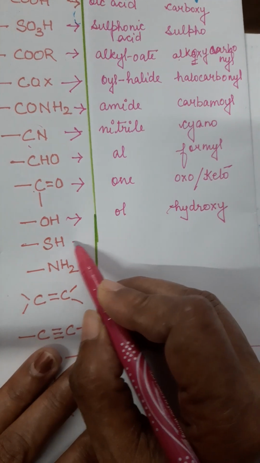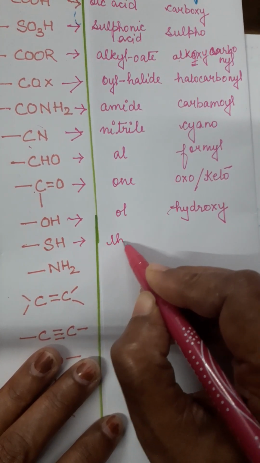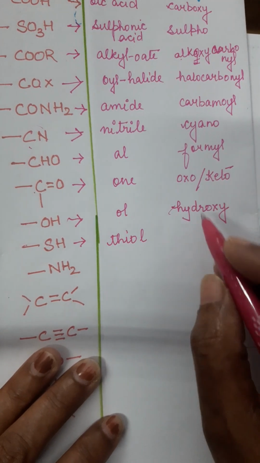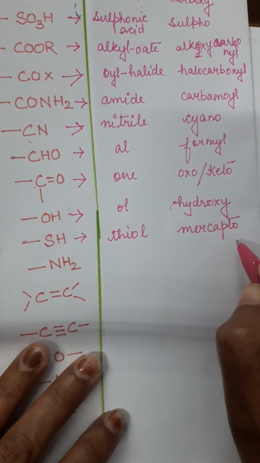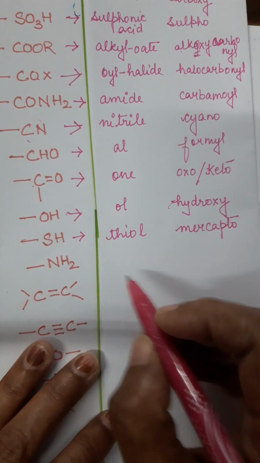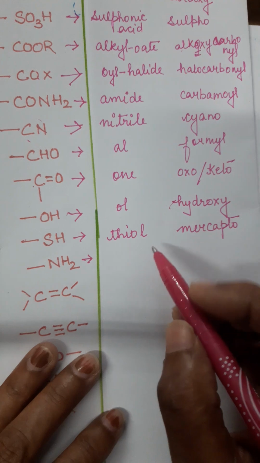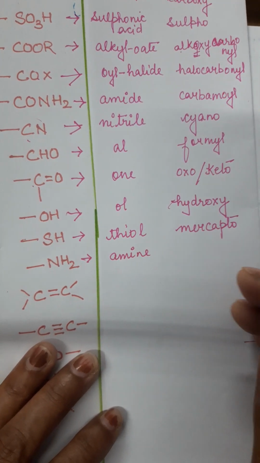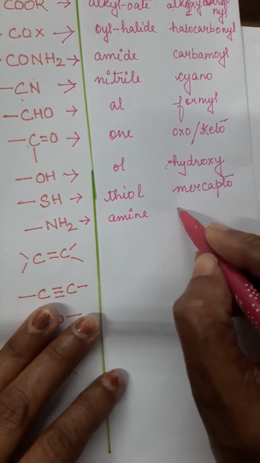Then SH, that is thiol, it is named as thiol as a suffix and mercapto as a prefix. Then NH2, which represents an amine, is named as amine as a suffix and amino as a prefix.